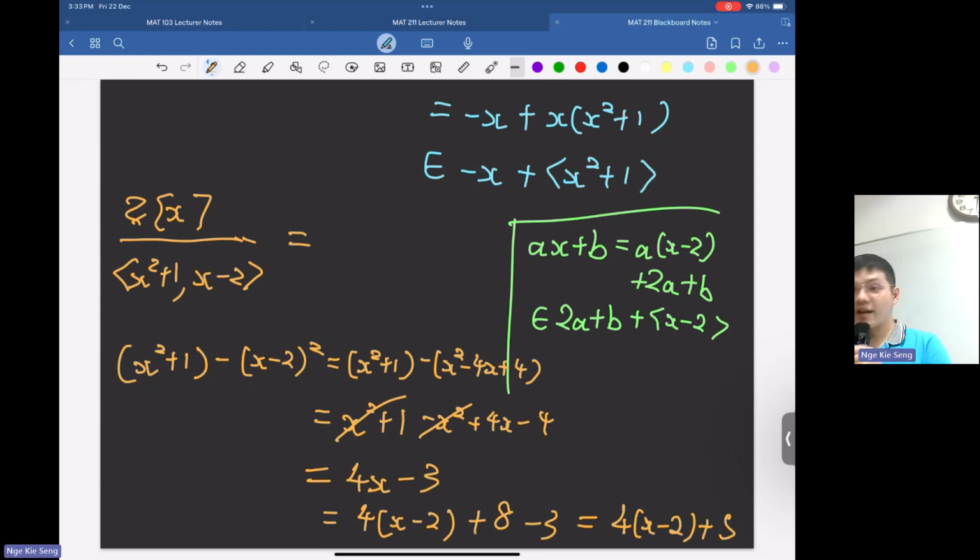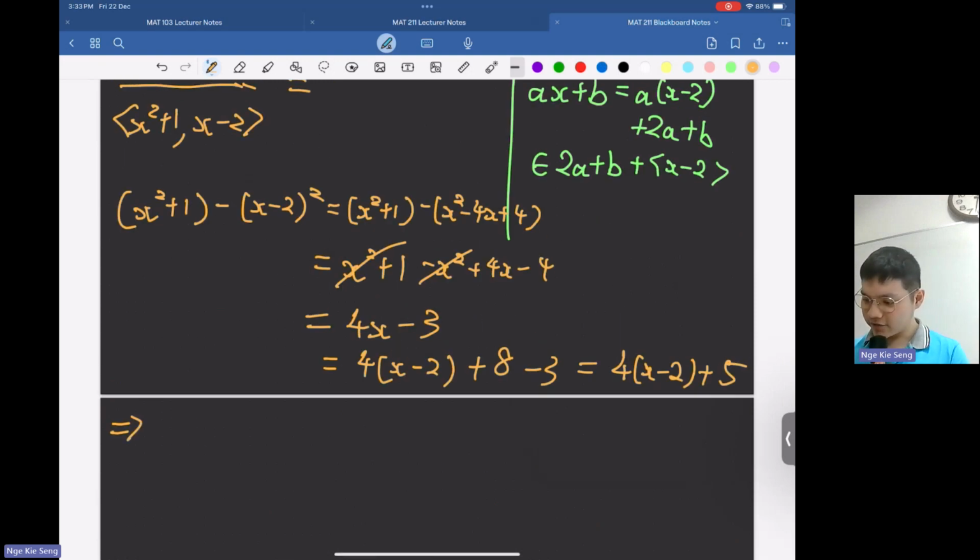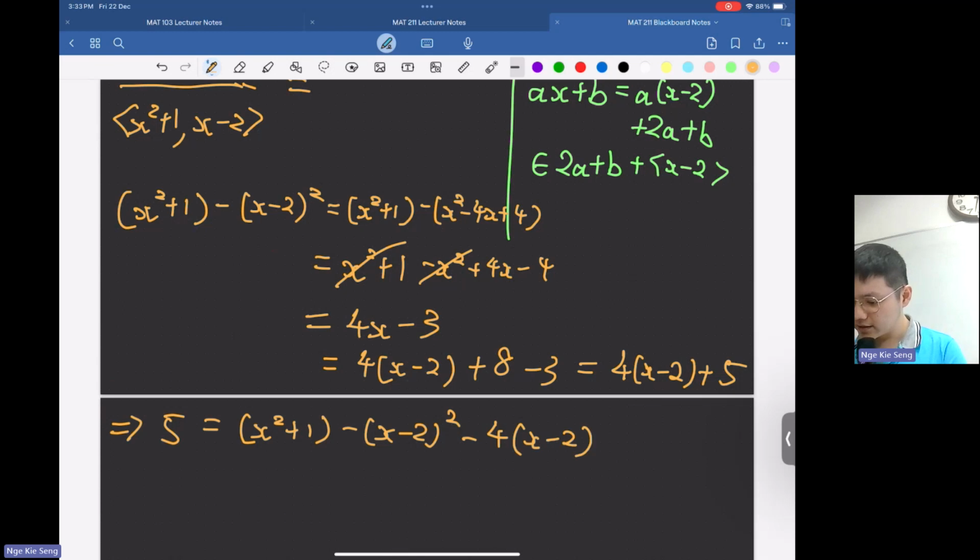You see that 5 is living in the coset of 0. If this is not clear, let me rewrite this. 5 equals x squared plus 1 minus (x minus 2) squared minus 4 times (x minus 2). So this is always living in the ideal generated by x squared plus 1 and x minus 2.